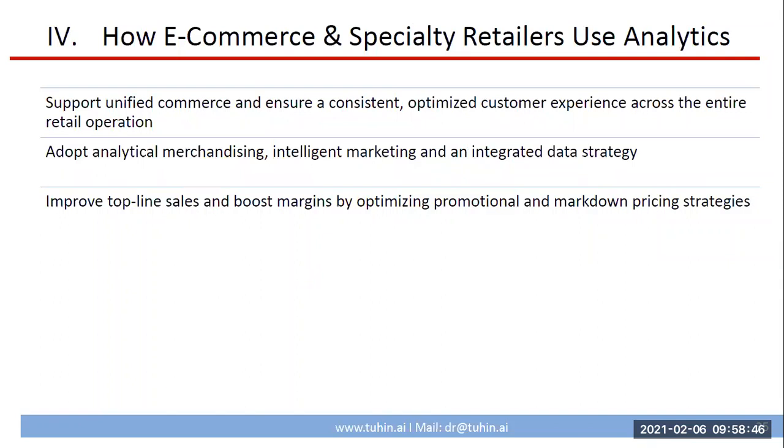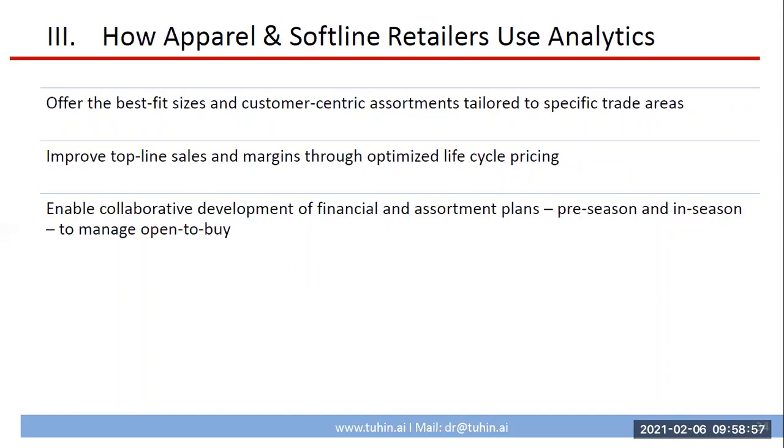So again, a very important part I wanted to emphasize here, these apparel softliners or these e-commerce specialty retail stores. Don't think that retail analytics means one thing. Depending on the type of retailer, that's why understanding business is very important. Because their turnaround time, the shelf life of the products, everything varies significantly from sector to sector within retail.